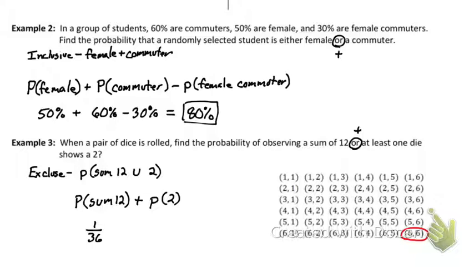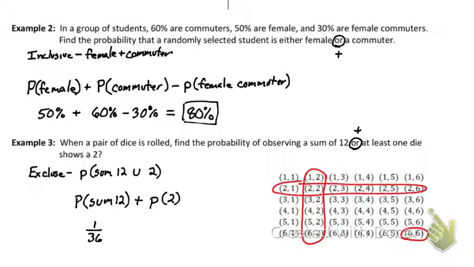Showing a 2 is a little more complicated, because that means we need to have at least one 2. But if I have all these drawn out, it's pretty easy because we have all of these. Make sure you don't double count 2 and 2 when you're actually physically counting these.